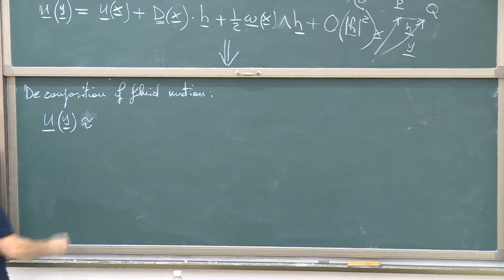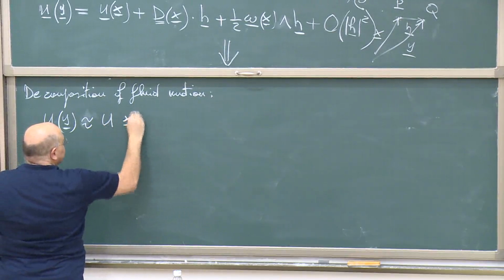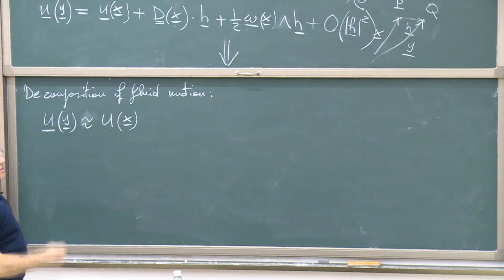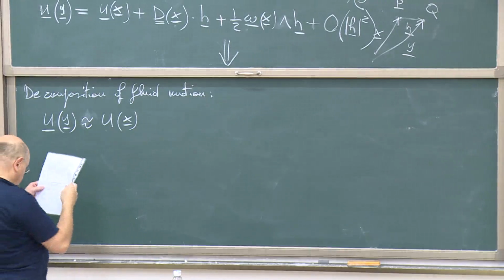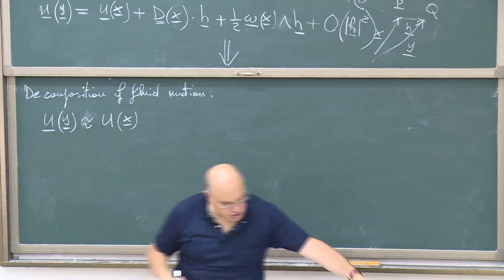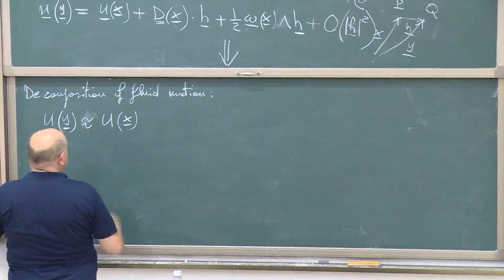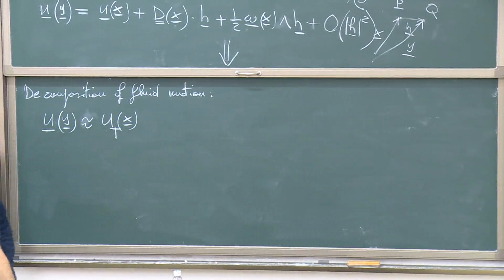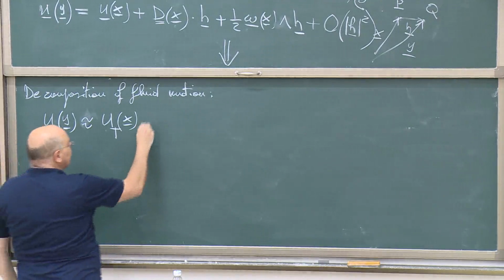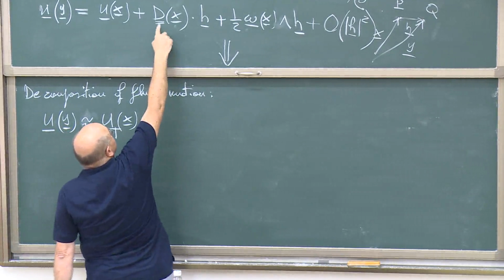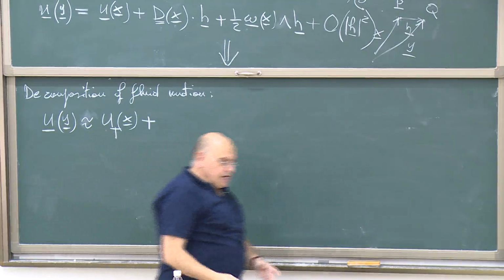Approximately given by a u of x, and this u of x is just pure translation. Okay? Let me use the notation I used in the notes. So this is pure translation. Then I have a contribution due to this d. What is this d?